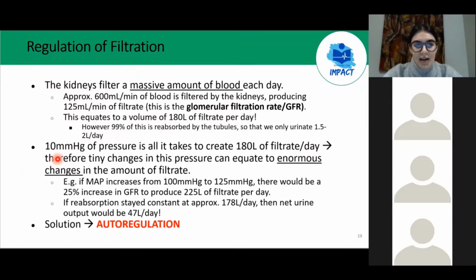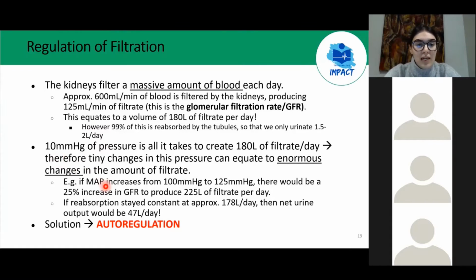And it's amazing to think that it's only 10 millimeters of mercury of pressure. That's all it takes in order to create that 180 litres of filtrate a day. So therefore, some really, really tiny changes in pressure can result in massive changes in filtration rates.